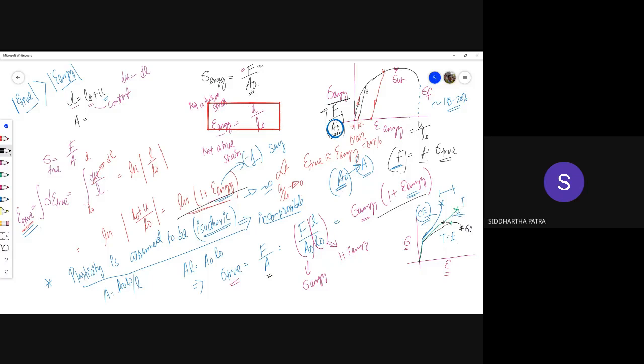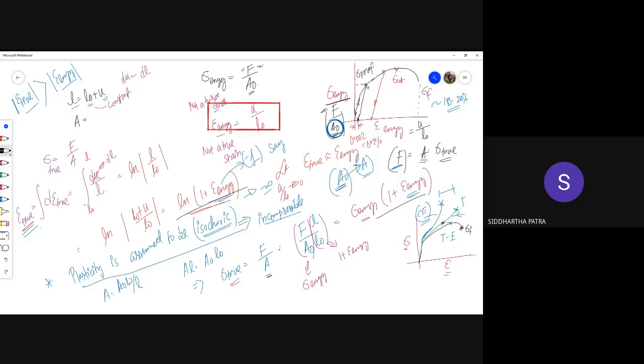So I'm just drawing a line from this point on the x-axis parallel to the elastic part, which would mark a stress value. Let's call it sigma proof.